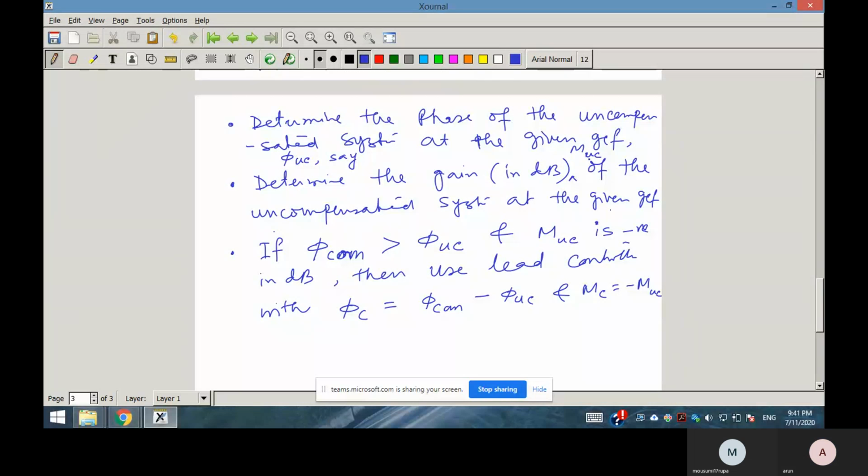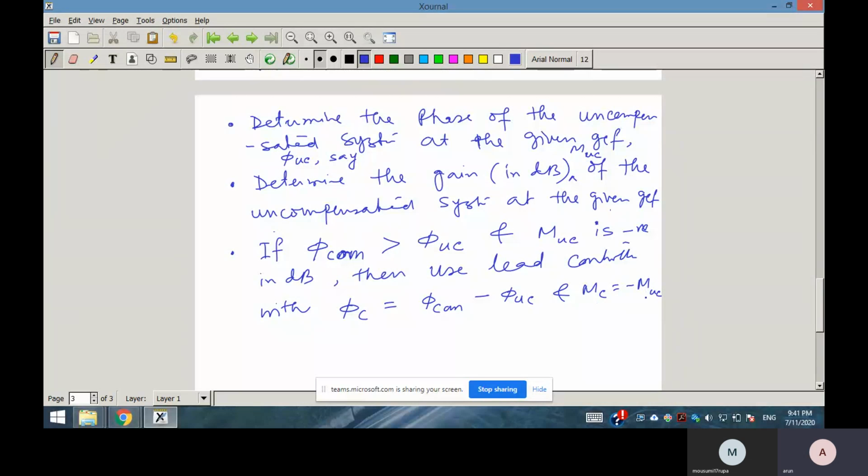Since MUC is negative, minus MUC will be positive, so that much gain amplification is needed.